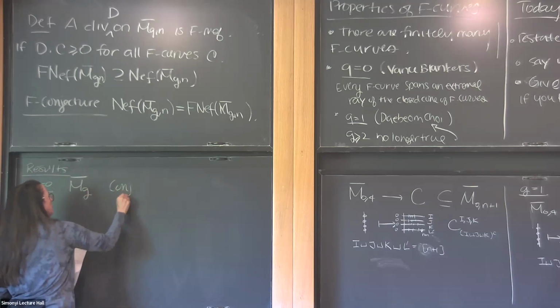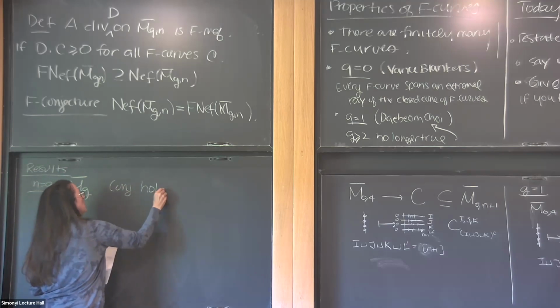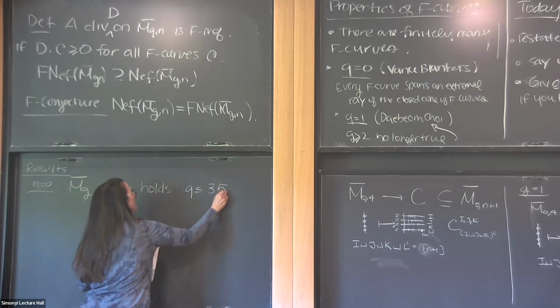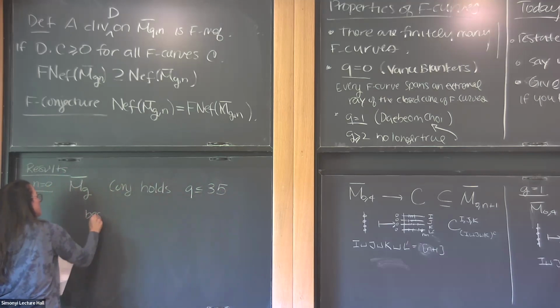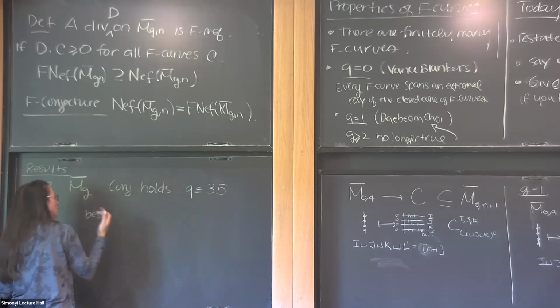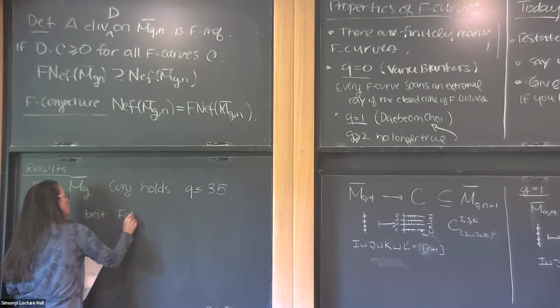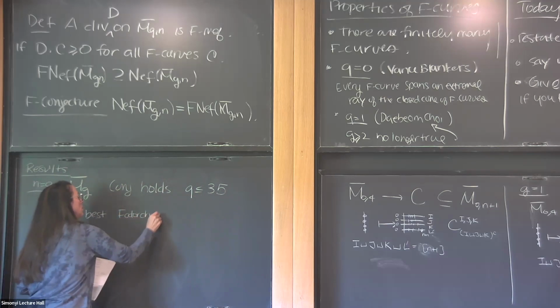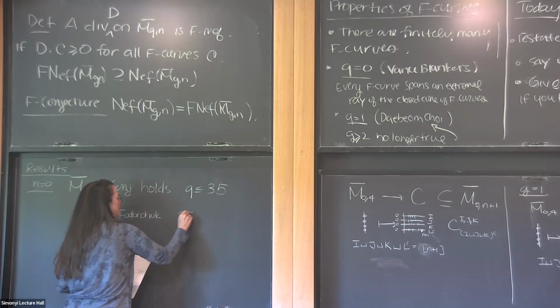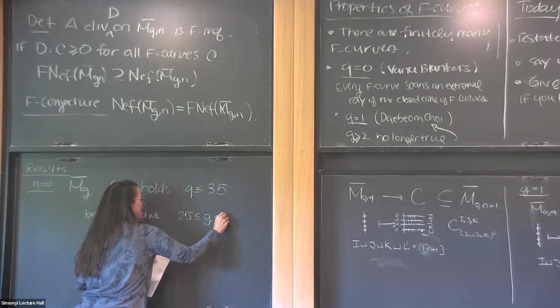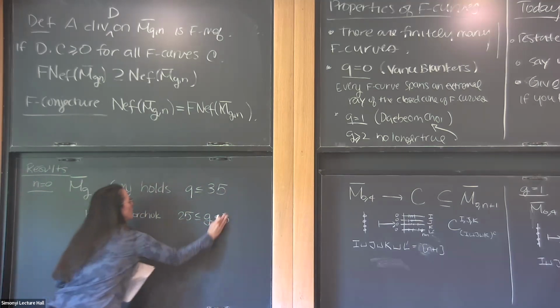The conjecture holds for g less than or equal to 35. And the latest results are by Maxim Fedorchuk, who got the last 10 cases, up to 35.